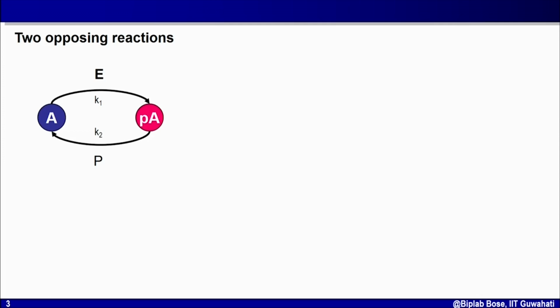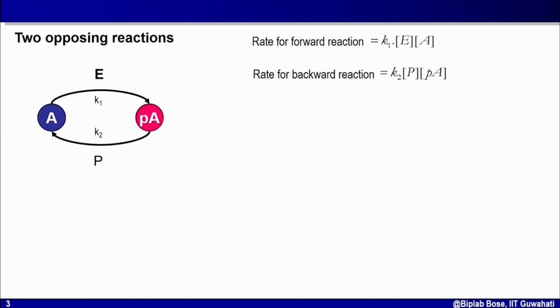And I want to write ODEs for this. So how can I write it? Look into this: the rate of forward reaction, that is A to PA, is given by K1 into E into A. K1 is the rate constant for the forward reaction, E is the concentration of the enzyme, A is the concentration of the substrate, that is the unphosphorylated molecule.